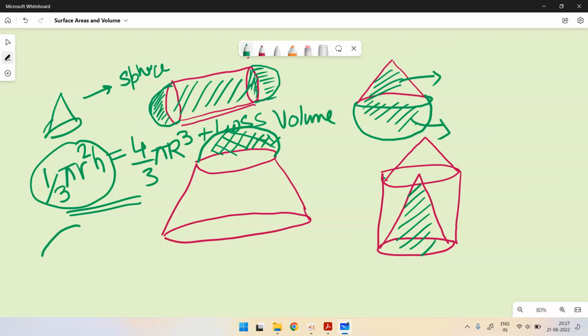A question can be like: a big sphere, an iron ball, is melted to form n balls of equal radii. Then find the value of n.